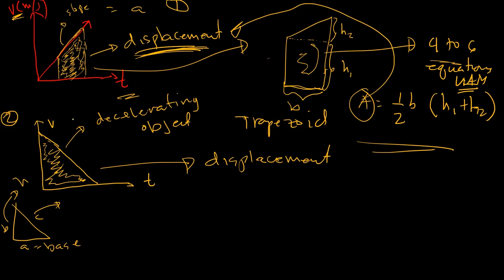Now in getting the area under this triangle, we know this equation already from our basic mathematics: the area of a right triangle is equal to 1/2 times base times height. So if we apply this equation, we will get the displacement of that moving object.